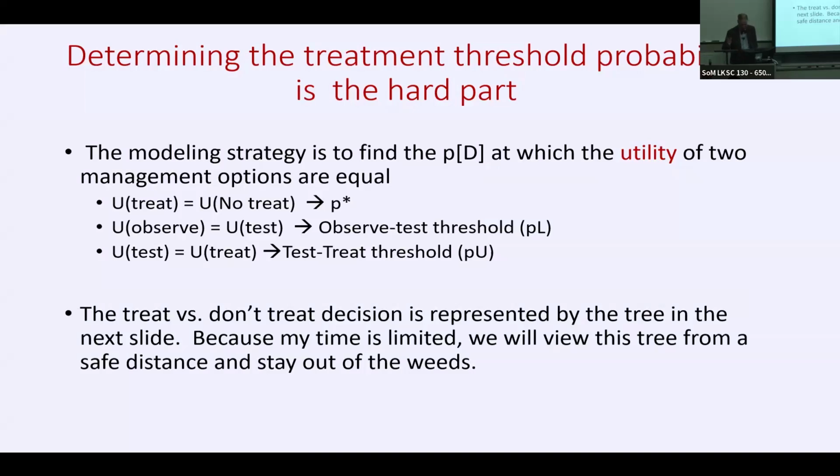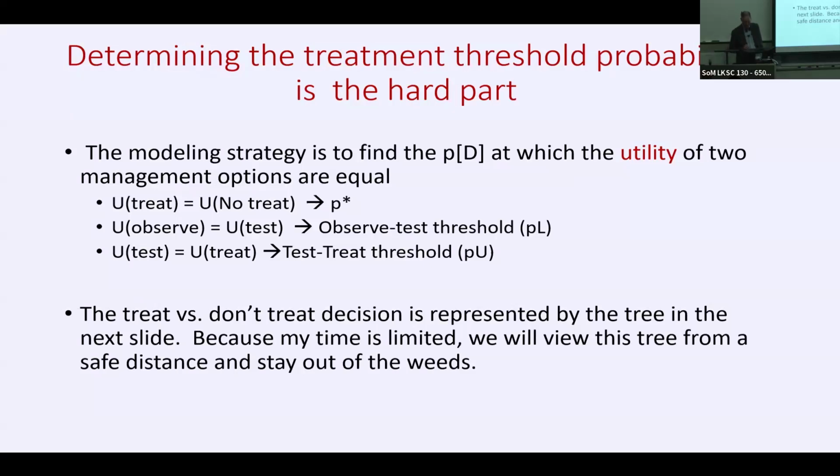So, for example, when the utility of treatment equals the utility of no treatment, you've got a treatment threshold. And the same kind of reasoning would apply to testing versus not doing anything, or testing versus starting treatment without testing.